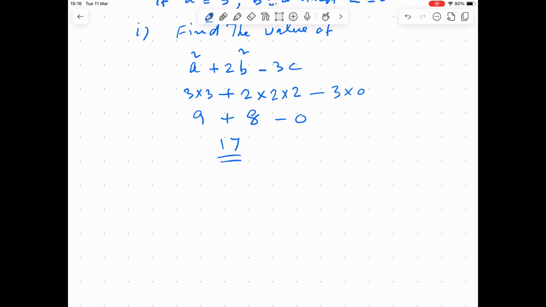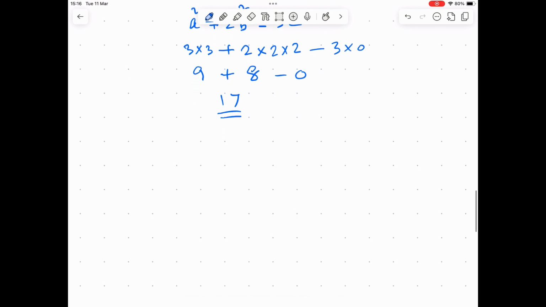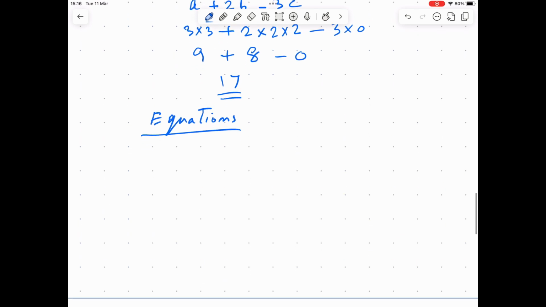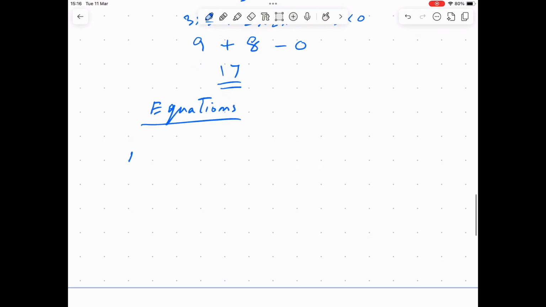Now let's look at the equations. Okay, so the first question we're going to solve is 2D plus 7 equal 31 minus 4D.